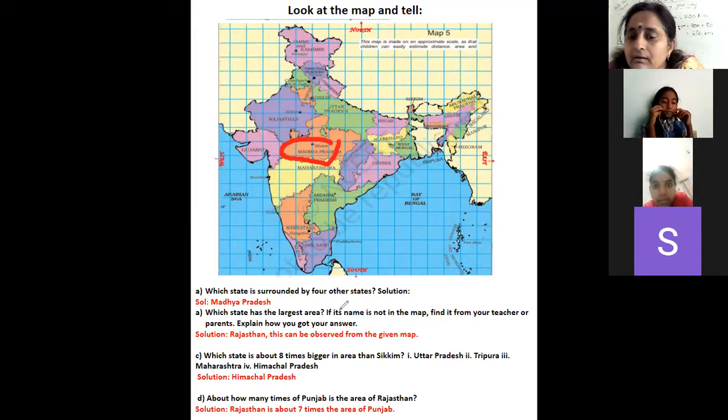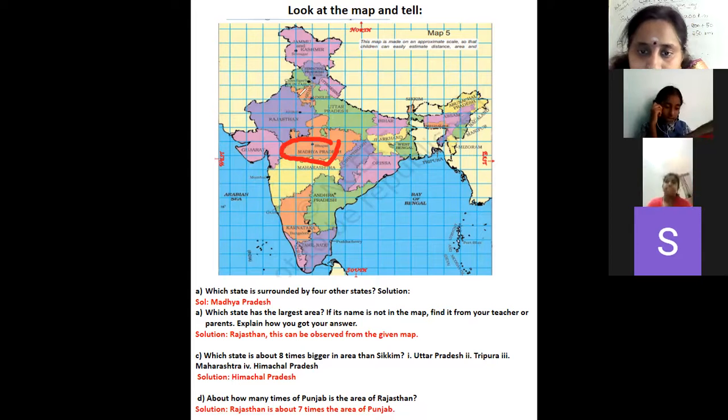Rajasthan. Very good. Next, which state is about 8 times bigger in area than Sikkim? Himachal Pradesh. Very good.